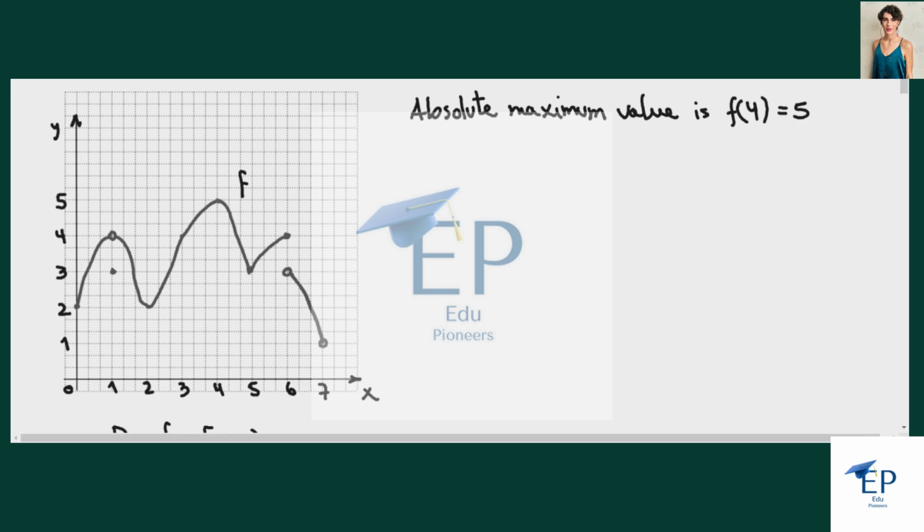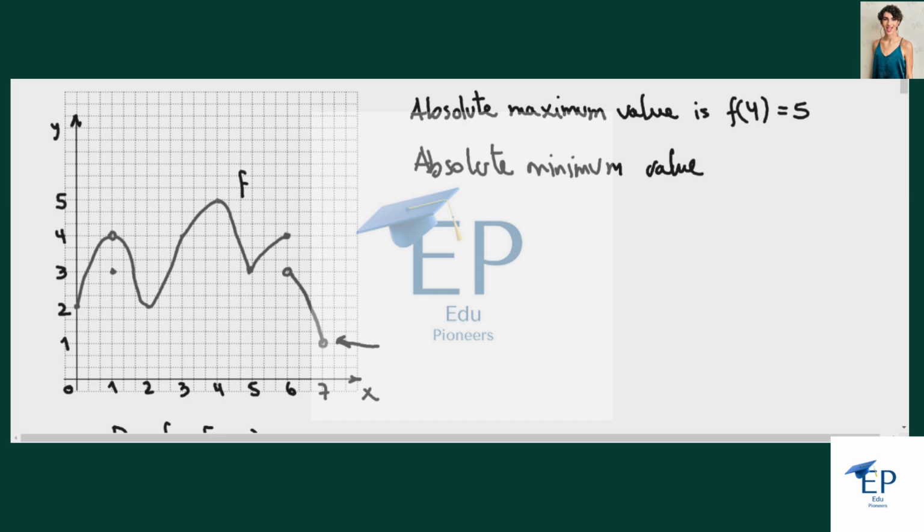Now let's talk about the absolute minimum. In this case, we expected this to be, as the graphic suggests, the lowest point in the graph, that is the smallest value of the function.